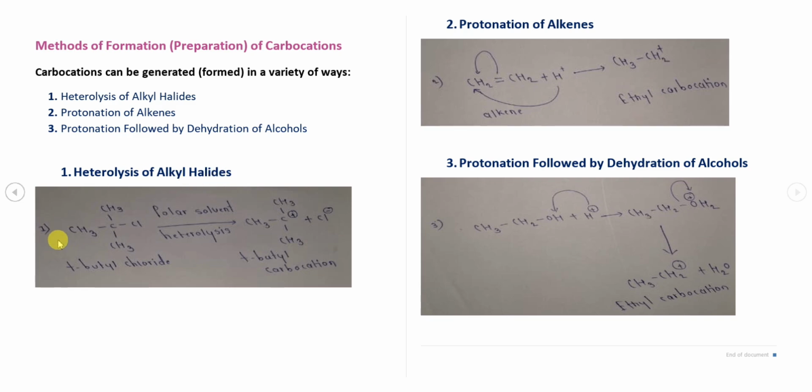The reaction includes tertiary butyl chloride converting into the tertiary butyl carbocation in the presence of a polar solvent. See what happens when an alkyl halide like tertiary butyl chloride is dissolved in a polar solvent. The bond between carbon and chlorine breaks. The chlorine takes both the electrons because it has more electronegativity.